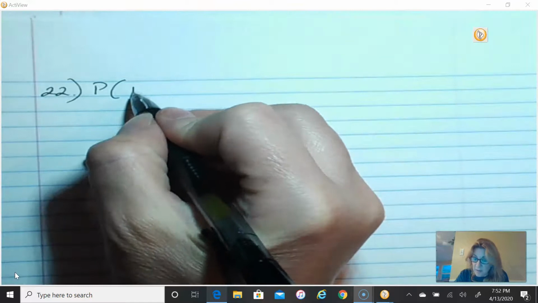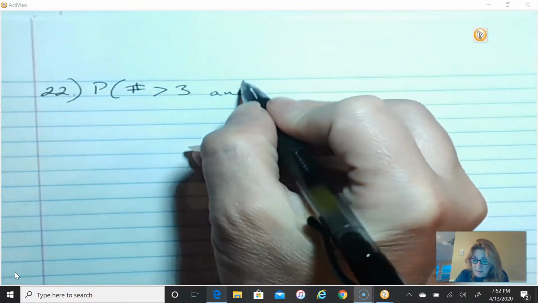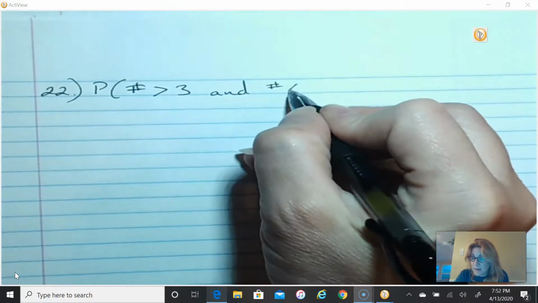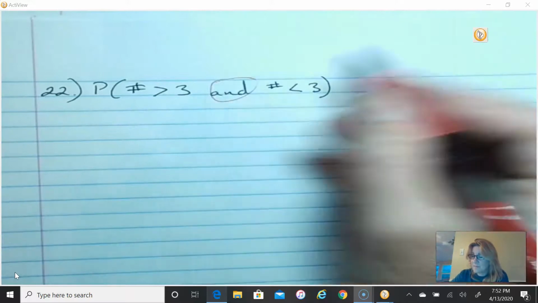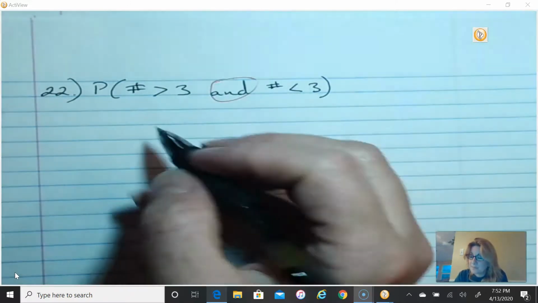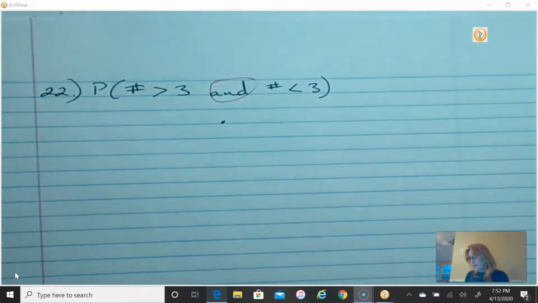What is the probability of getting a number greater than 3 and a number less than 3? Okay? Remember that's and, so we're multiplying. How many numbers are greater than 3?